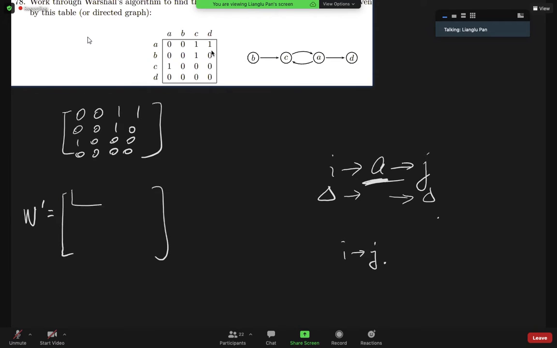Now, if we look at the first row in this adjacency matrix, originally the first row tells us whether we can go from A to one of these A, B, C, D nodes.